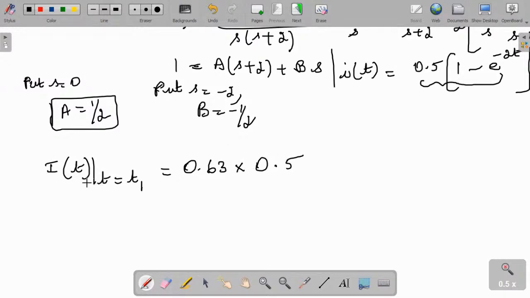Now equate this. So what is I of t? If t is equal to t1, we get 0.5 into 1 minus e power minus 2t1 is equal to 0.63 into 0.5.